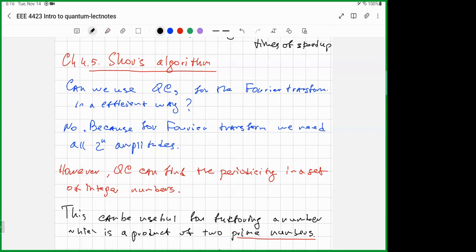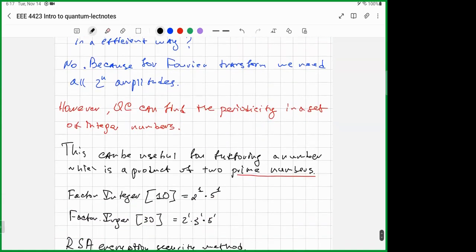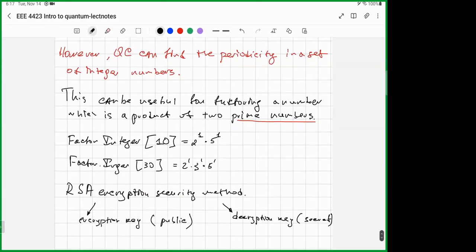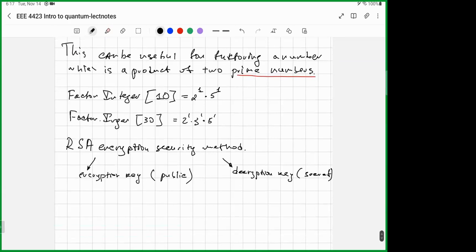It's proven to be useful for factoring large numbers. Okay, so the purpose of this algorithm is factoring large numbers that are composed of the product of two prime numbers.